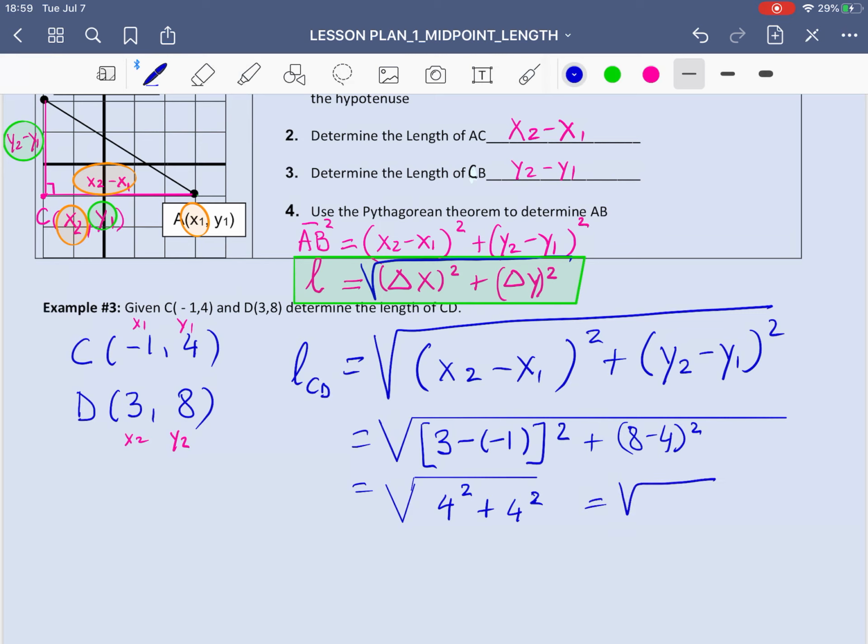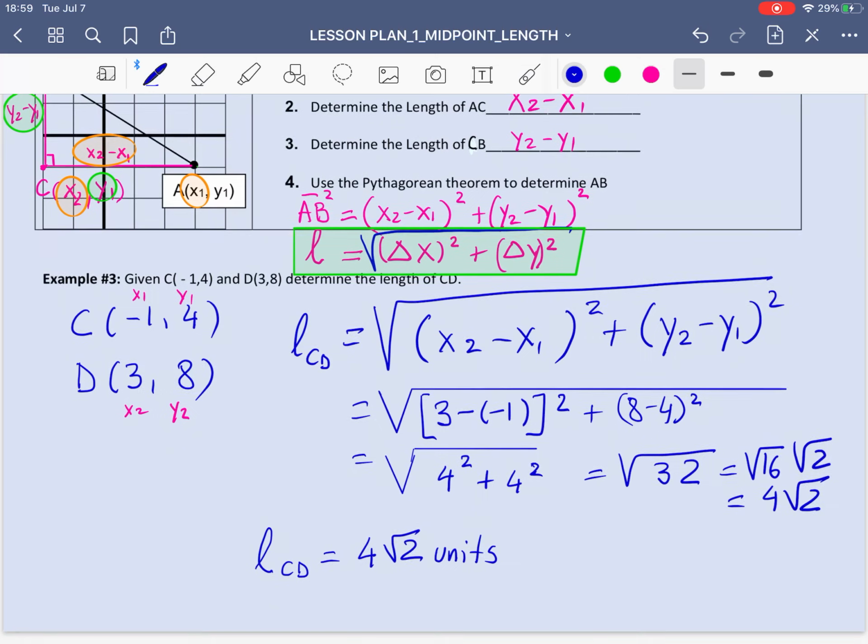So that would be the root of 32. And the root of 32 is the same as the root of 16 times the root of 2, in case you remember from grade 9. That's 4 root 2. That's a more simplified form. Now we're going to say that the length of CD equals 4 root 2 units.